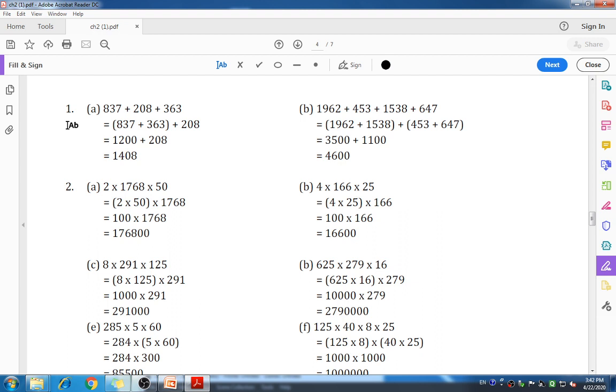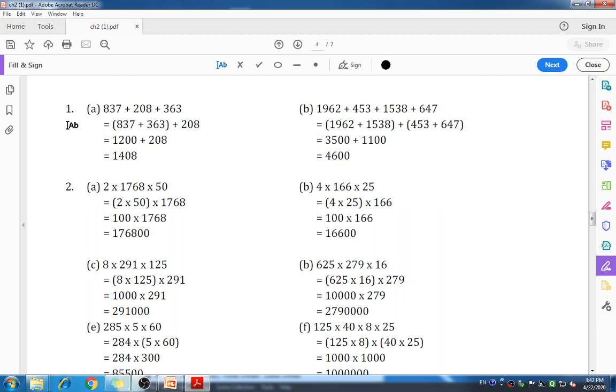In the first bracket I wrote 1962 plus 1538, and in the next bracket I wrote 4453 plus 647. By calculating these values we get, in the next step, 3500 plus 1100, and I get the answer 4600.